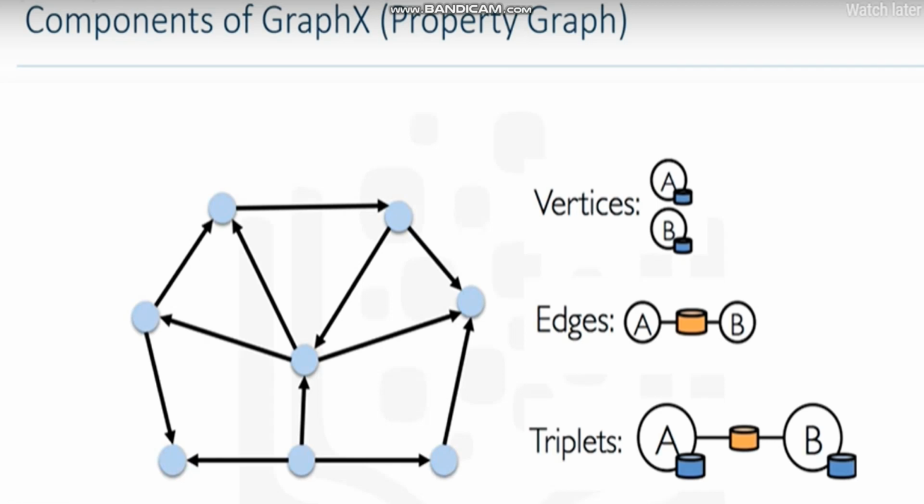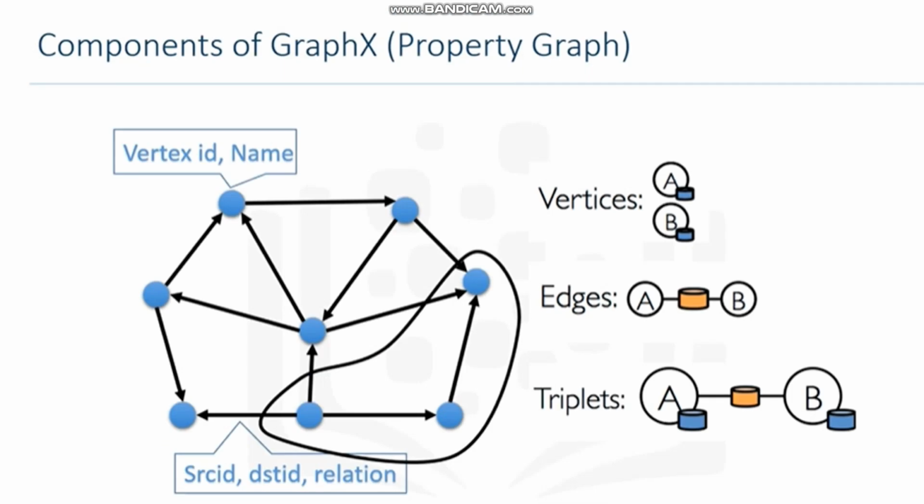Now let's go more in depth to say what a triplet is. Finally, the triplet combines edges and vertices together. When I combine the vertices and the edges with their arrows, all of them together are called a triplet.